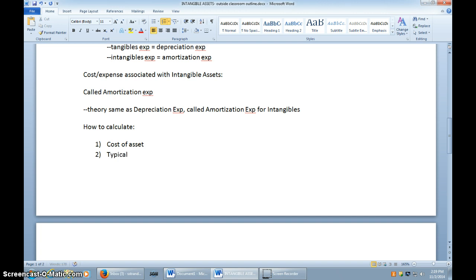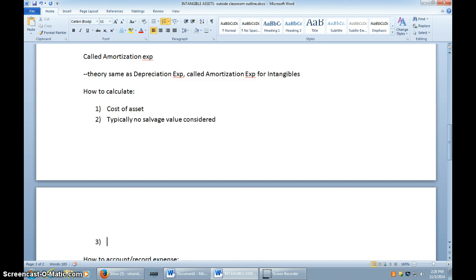With intangibles, typically there is no salvage value considered, meaning we don't have to take that into account when calculating amortization expense.